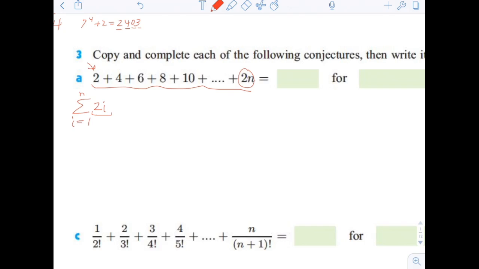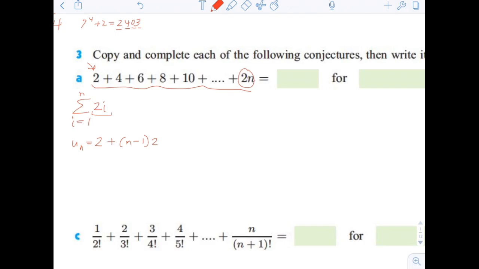Because the first term is 2, and then each term is separated by 2 from the other term. So we could say that this is an arithmetic sequence where the first term is 2, and the distance between each term is 2 also.